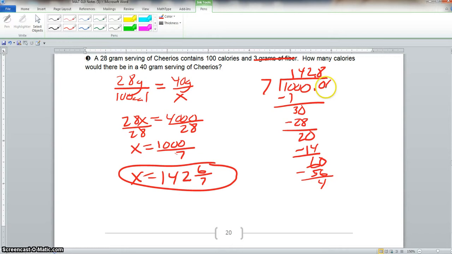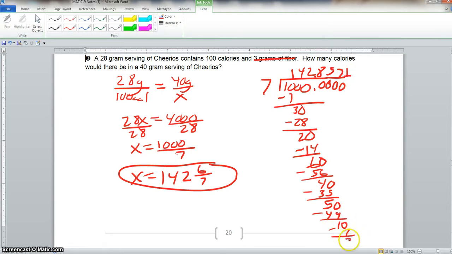And we have 4. We will add another 0, bring it down. 7 goes into 40 five times. 5 times 7 is 35. We will add a 0 here, bring it down. 7 goes into 50 seven times. 7 times 7 is 49. 1, add a 0 here. 7 goes into 10 one time. 1 times 7 is 7.